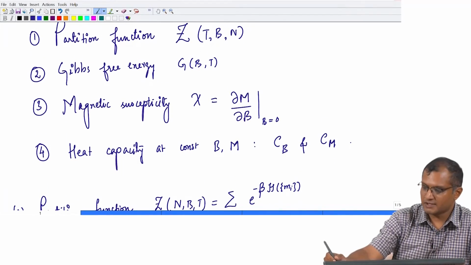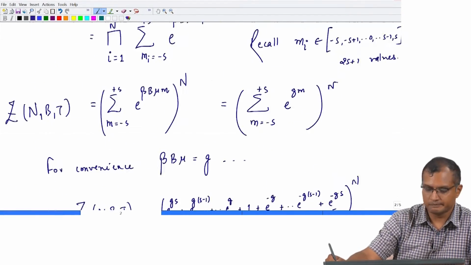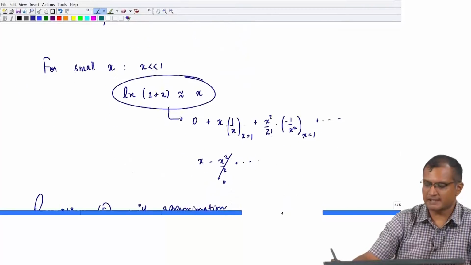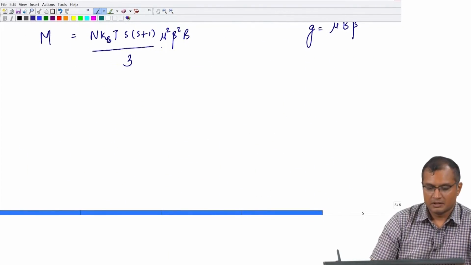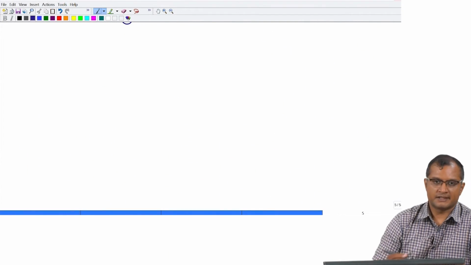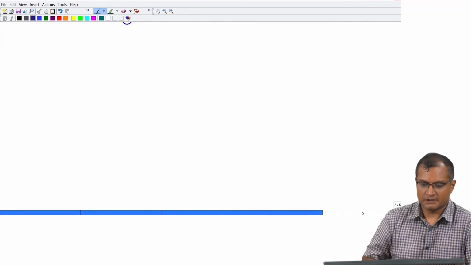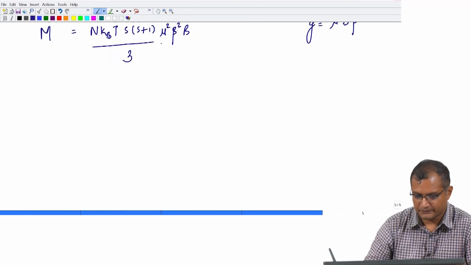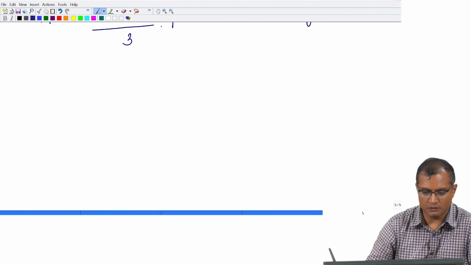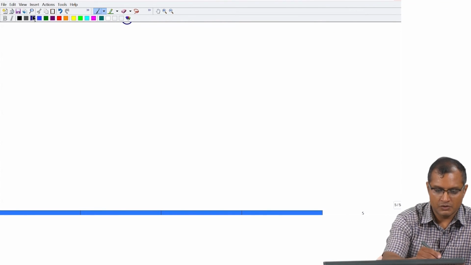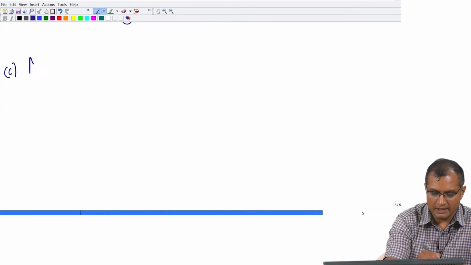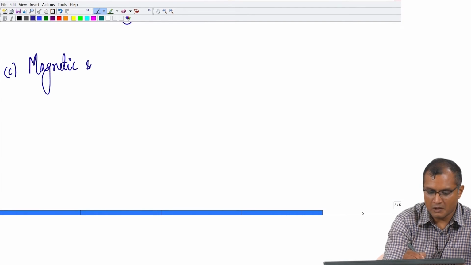Yes. So, the next object is the susceptibility, and as I said, susceptibility is basically, to first order, the derivative of magnetization with respect to the external field as the field is taken to very small values. Okay. So, the third object is the magnetic susceptibility of our N spin system.